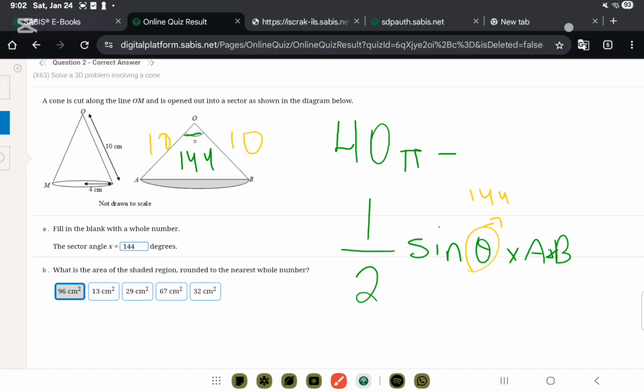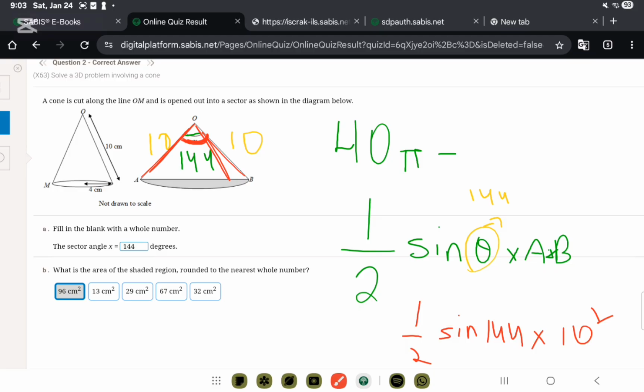You remember the sine rule is this multiplied by this multiplied by the sine of the angle in between. So it's going to be 1 over 2 times sine 144 times 10 squared.